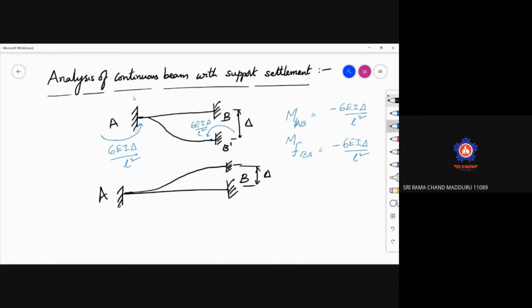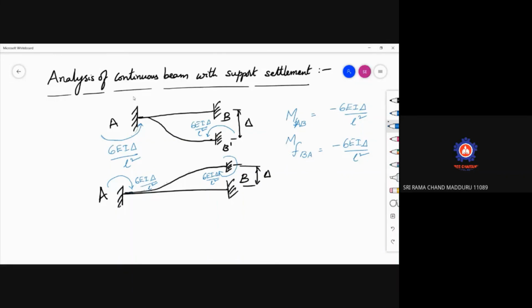So the moment here will be, just understand what happens: at this support, as fixity is there, it will resist the rotation. That's why the beam tries to deflect like this, and at the fixed ends the rotation is 0. So here you can observe that the moment will be in the clockwise direction and the value is 6 EI delta by L square. And this is also in the same moment direction like this, which is 6 EI delta by L square.